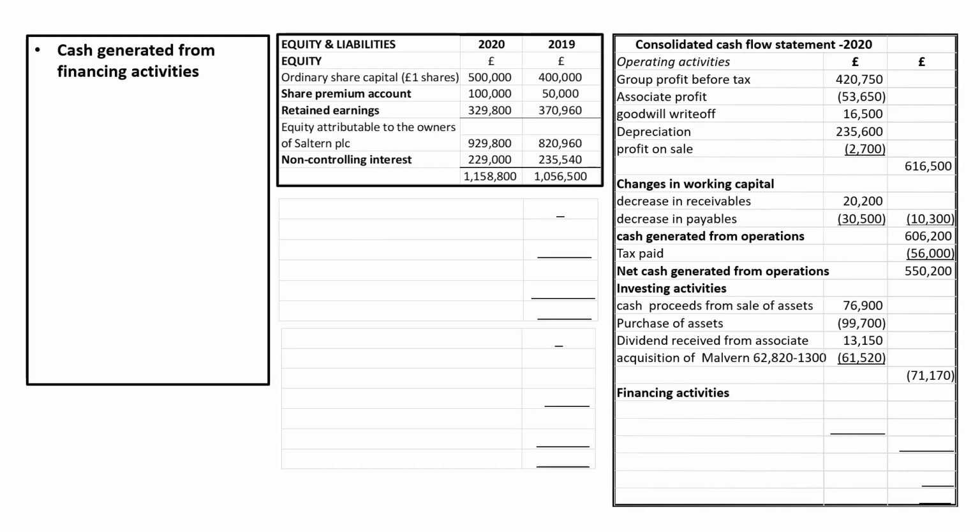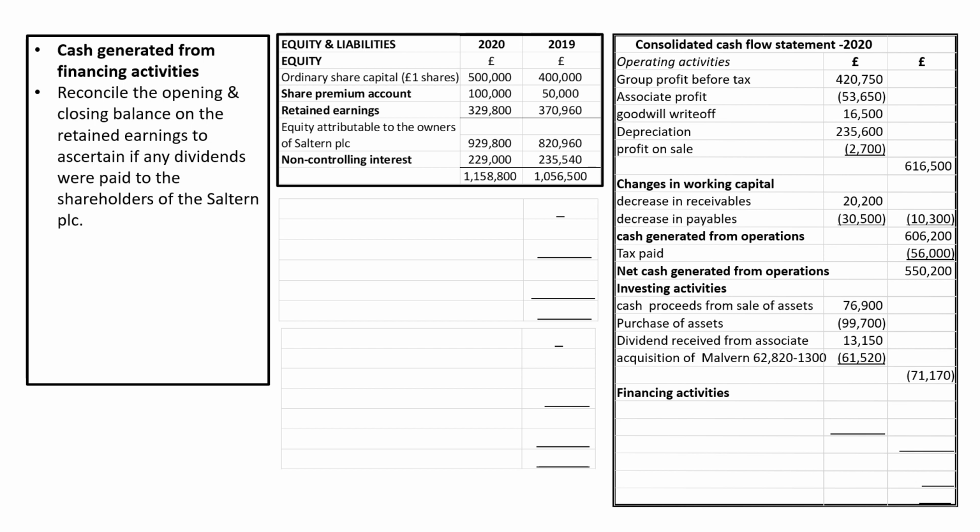To complete the cash generated from financing activities, we need to look at the equity and liability side of the balance sheet. Now, there are two items there that we haven't reconciled, or we have different balances. The first one is the retained earnings. So we have to reconcile the opening and closing balances on the retained earnings to ascertain if any dividends were paid to the shareholders of Sultan PLC.